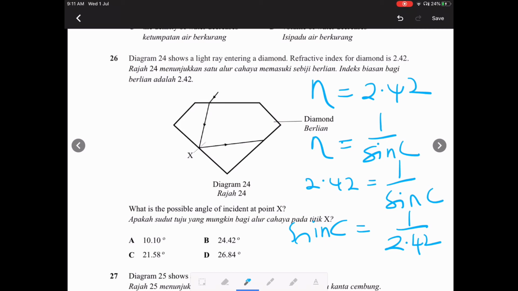So, 2.42 shift sin. So, kita dapat C dia ialah 24.4 darjah. So, what is the possible angle of incident point at X?